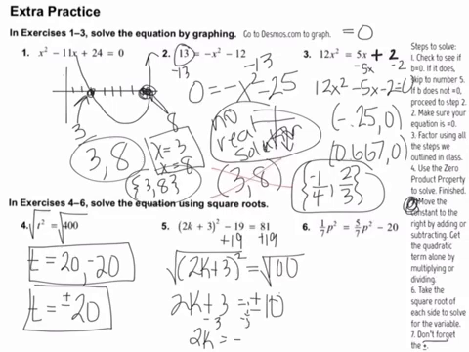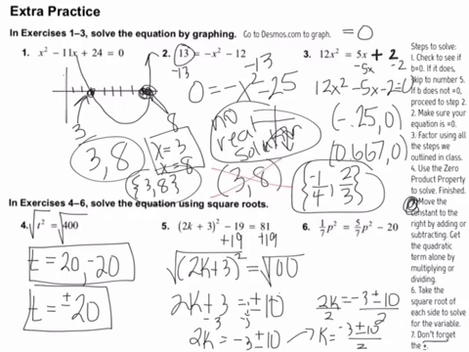So negative 3 plus or minus 10. Then I am going to divide by 2. K is going to equal negative 3 plus or minus 10 divided by 2.